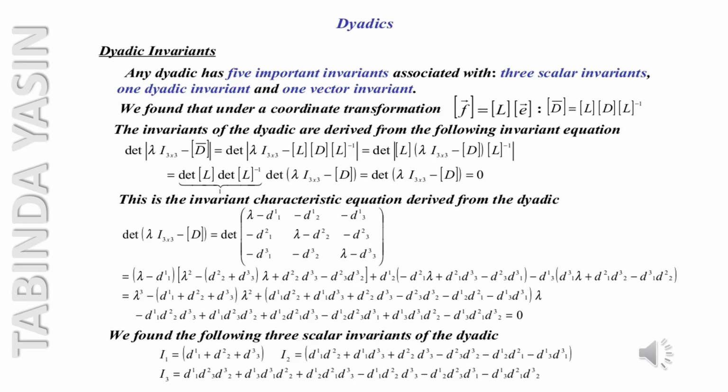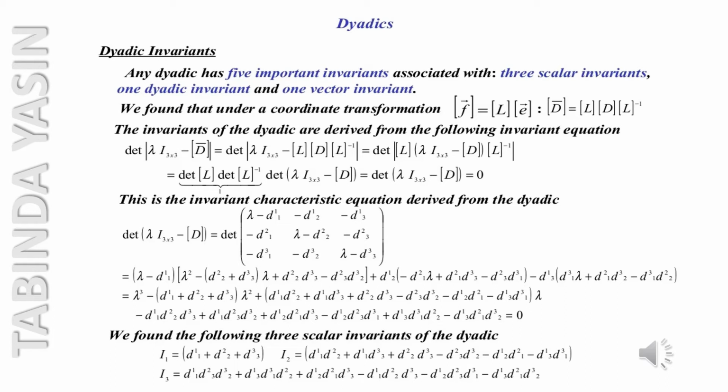The invariants of the dyadics are derived from the following invariant equation, that is the determinant of lambda I (3 by 3) minus D is equal to the determinant of lambda I (3 by 3) minus L D L to the power minus 1, is equal to the determinant of L times (lambda I 3 by 3 minus D) times L to the power minus 1, and after solution that is equal to 0.